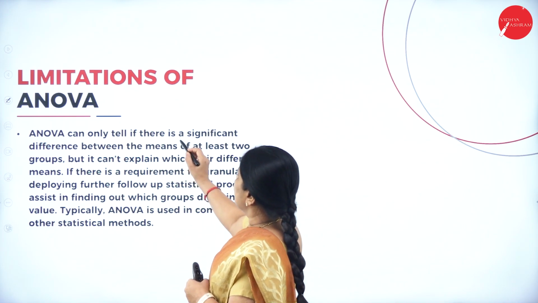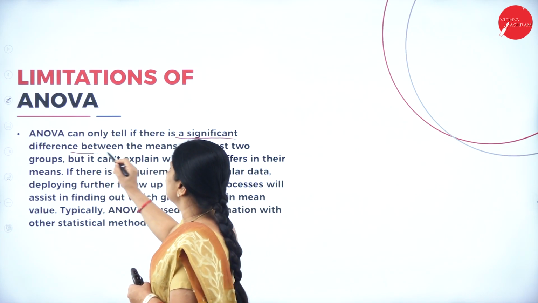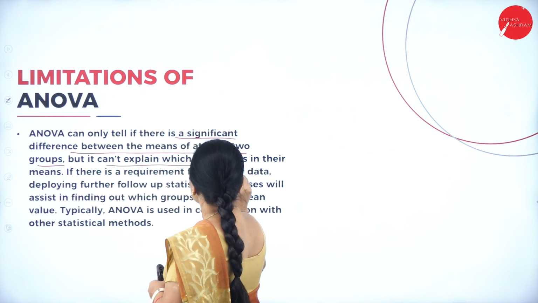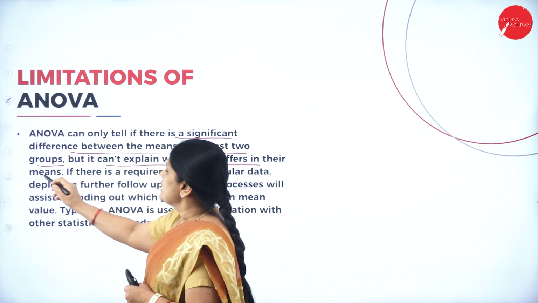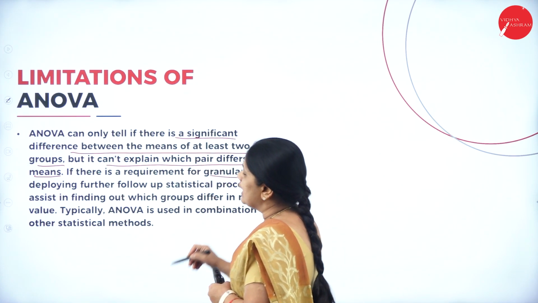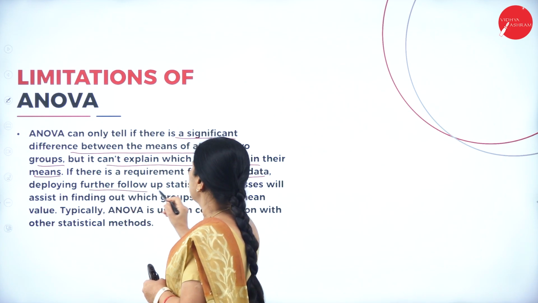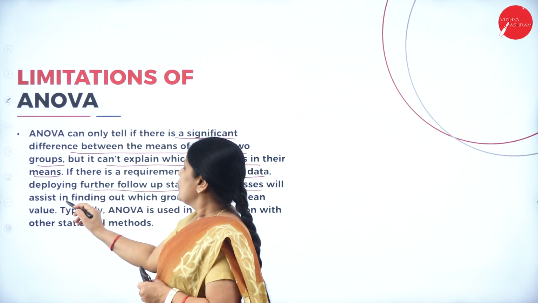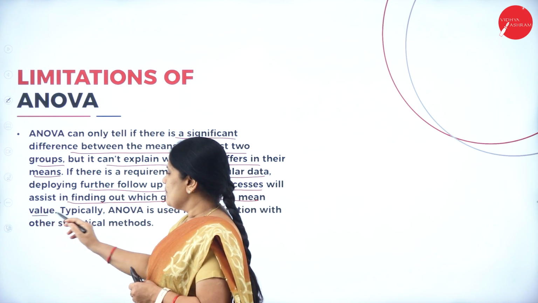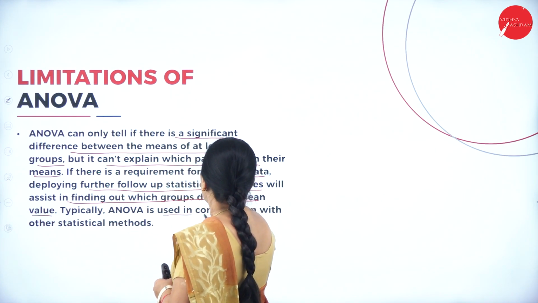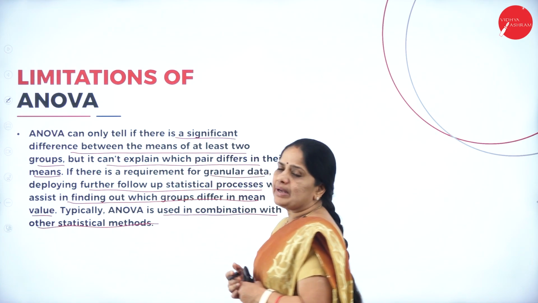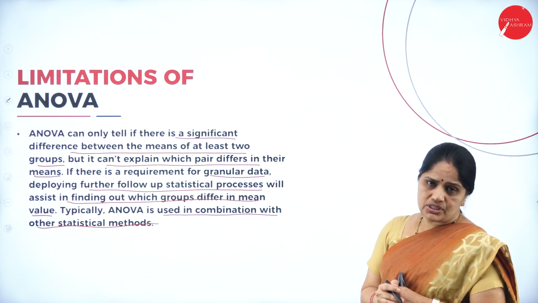Then next one is limitations of ANOVA. ANOVA can tell if there is a significant difference between the means of at least two groups, but it cannot explain which pair differs in their means. If there is a requirement for granular data, deploying further follow-up statistical processes will assist in finding out which groups differ in mean value. Typically, ANOVA is used in combination with other statistical methods. So, what are the limitations of ANOVA?